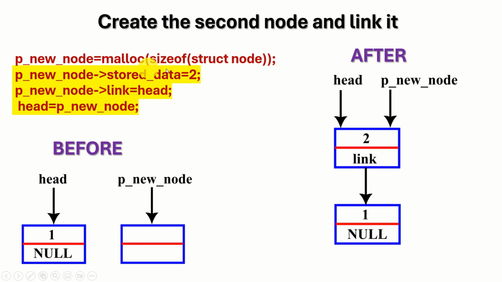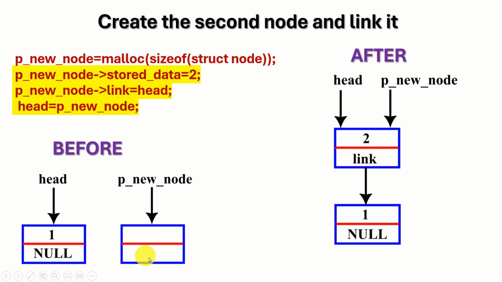Then after this command, we again need to write these three lines. The first line will store integer 2 inside of our new node block. That is, over here we will have 2. The next command line will set the link of the new node to point to head.